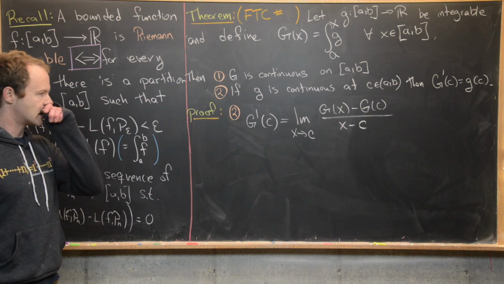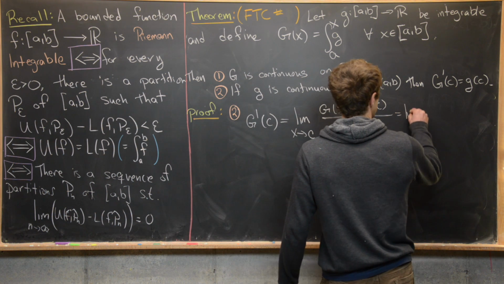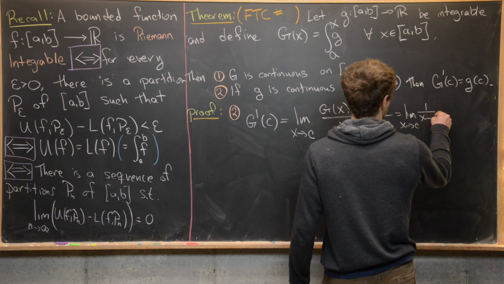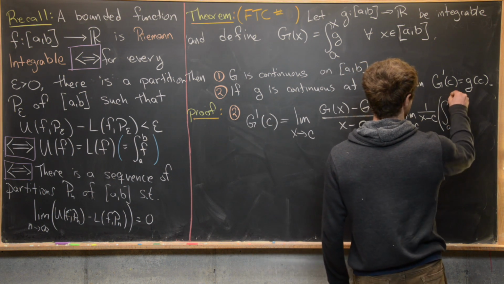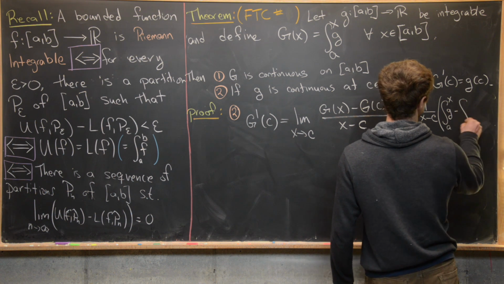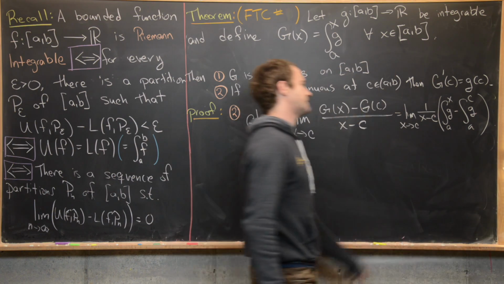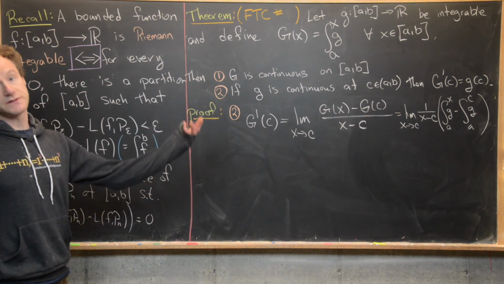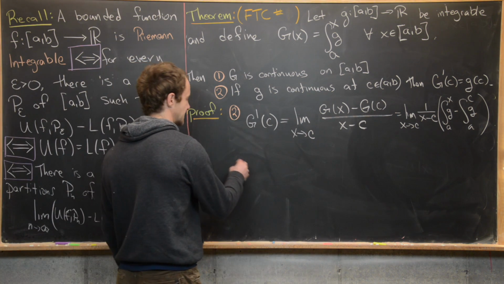So let's look at what this means. This is going to be the limit as x goes to c of 1 over x minus c, and here we have the integral from a to x of little g minus the integral from a to c of little g, just by the definition of our capital G. But now we can use properties of integrals, like we did in the last case, to smush those together.